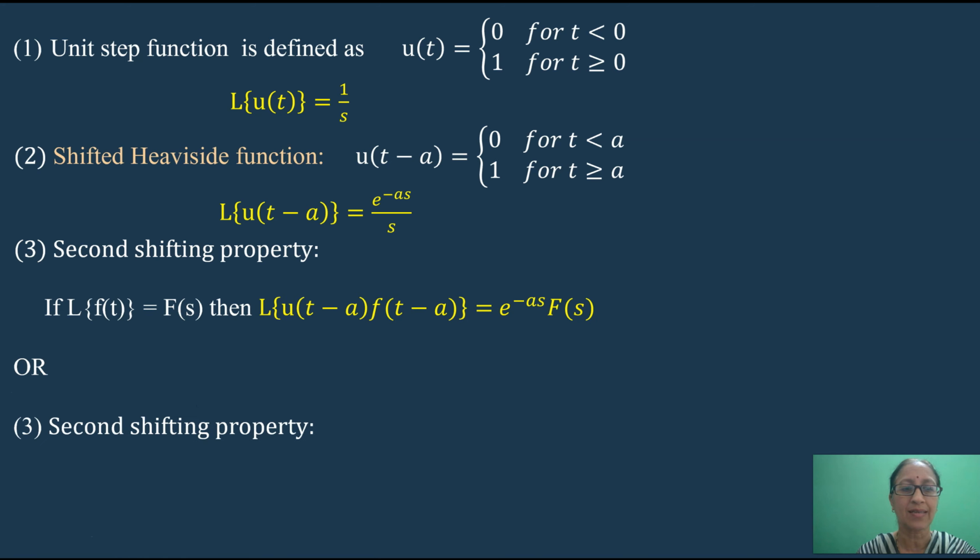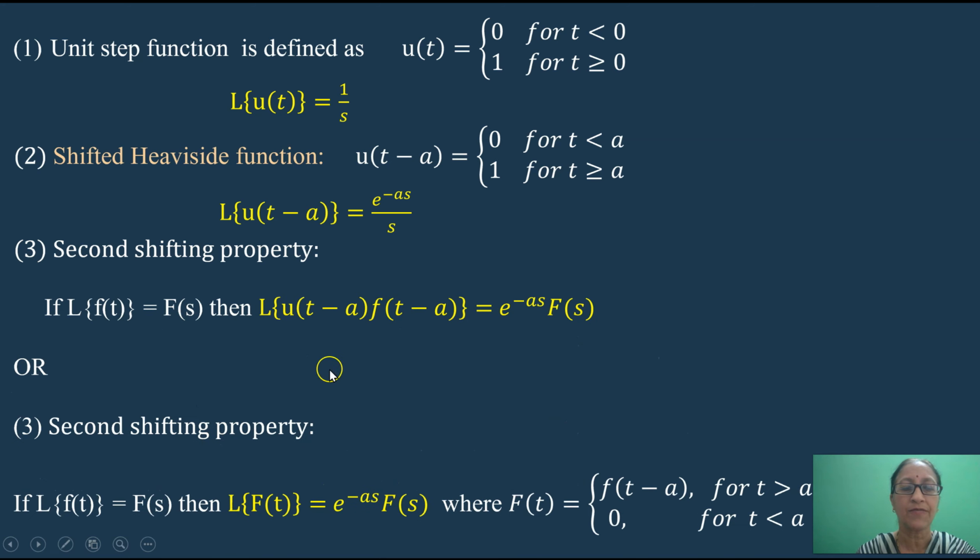The other form of this property is: if L of f of t equals F of s, then L of capital F of t equals e power minus as F of s, where capital F of t equals small f of t minus a for t greater than a, and 0 for t less than a. So if you observe, u of t minus a into f of t minus a is nothing but capital F of t, so capital F of t can be expressed in the form of u of t minus a into f of t minus a.